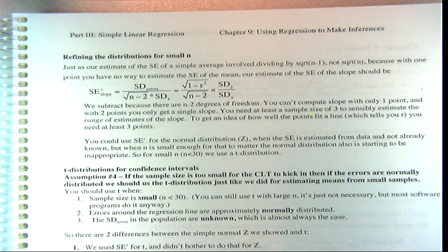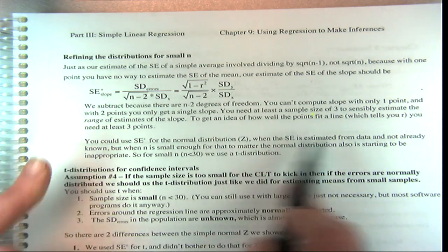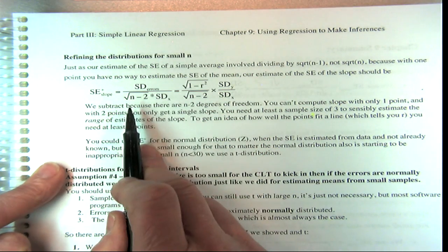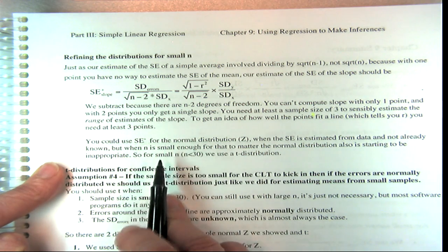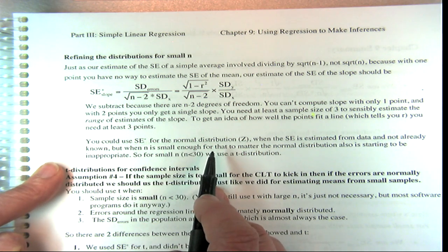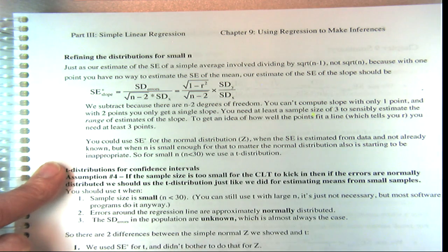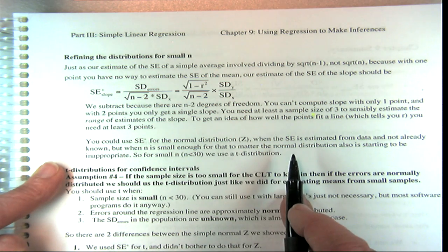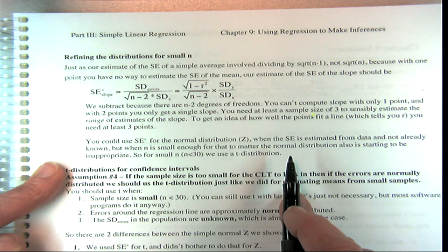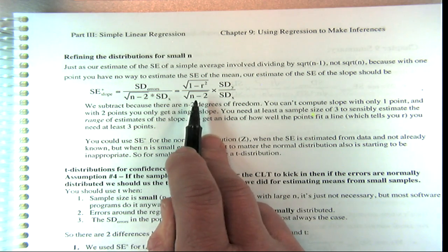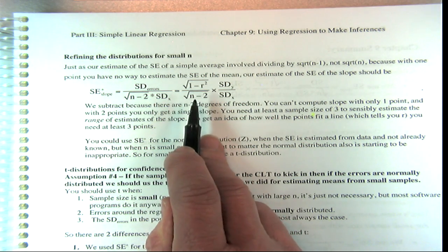Now you could use this standard error for the normal distribution. It's always slightly more accurate. It's what's called an unbiased estimator. It's always better, but you don't really need it when you're using the normal approximation, because the difference between n minus 2 and n makes a much bigger difference when n is small.